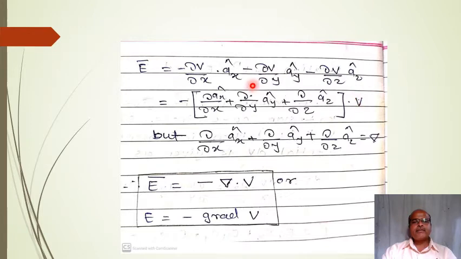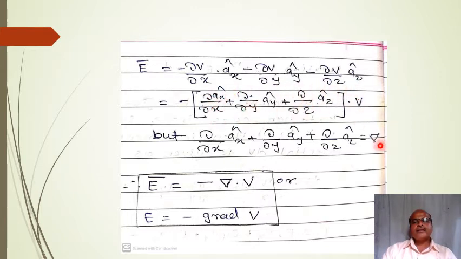So take the negative common here, and also take V common outside. With V taken common, we get the term d by dx ax cap plus d by dy ay cap plus d by dz az cap, into V. But if you recall, what is this term?